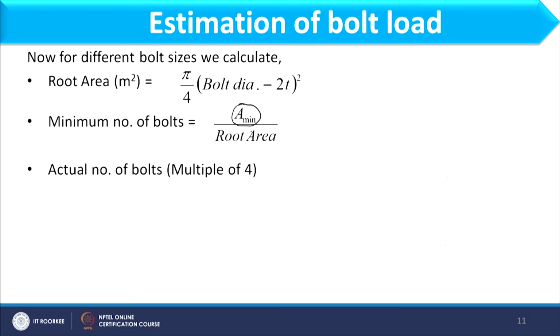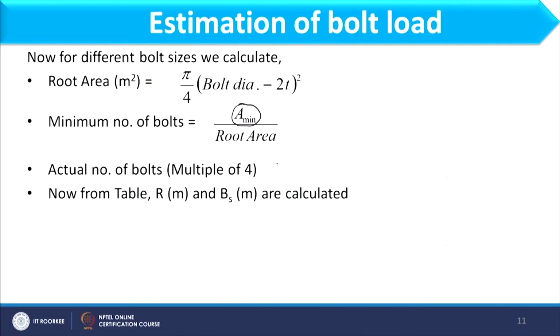Now, if you remember the second lecture of week 3, where we defined the flanges, we saw that all flanges have bolt holes in multiples of 4, either 4 or 8 or 12, and in this way the number of bolts varies. So whatever minimum number of bolts I have found, I have to choose the actual number of bolts as the multiple of 4 available next to that value.